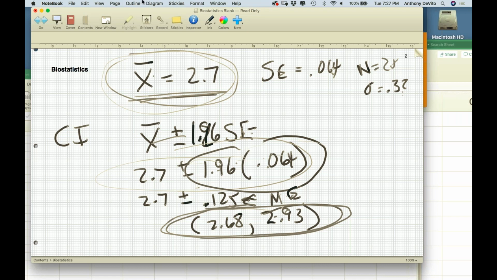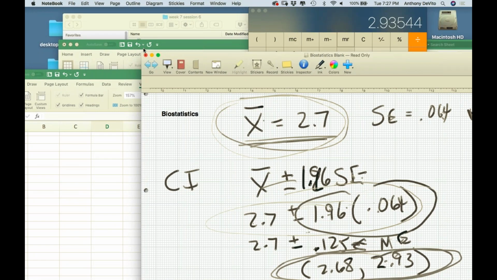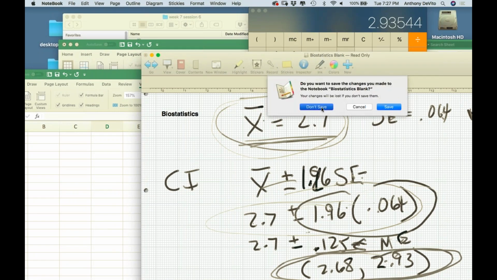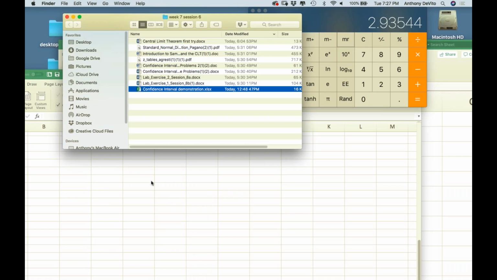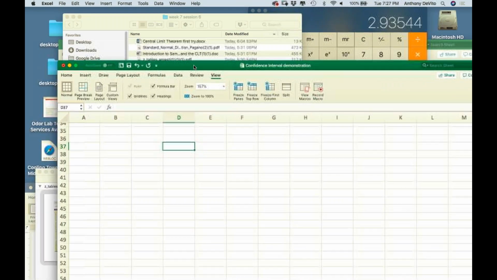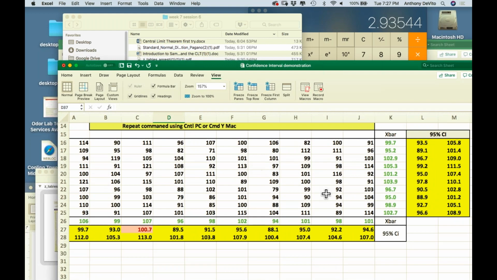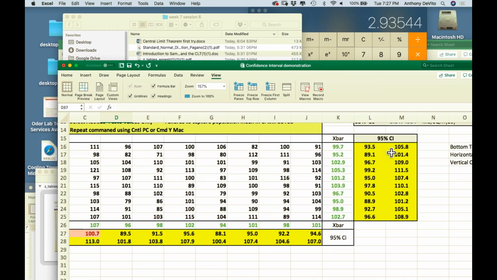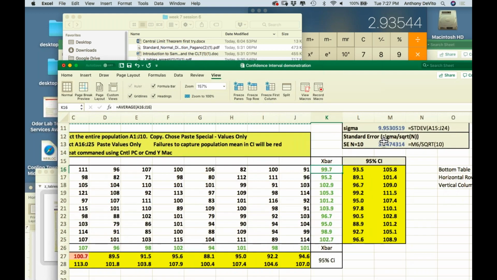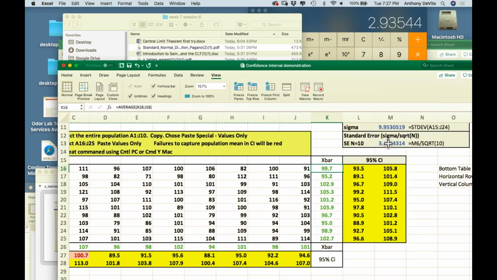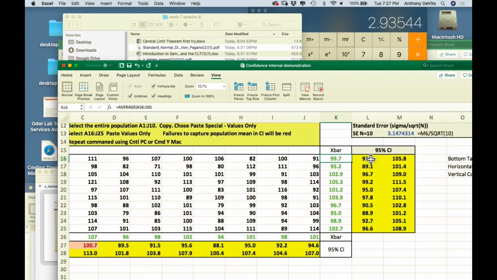So let's go back to that spreadsheet I had. Okay, here's my spreadsheet. What I did here was I took my mean, here's my mean. I calculated, based on the standard deviation for the population, a 95% confidence interval.